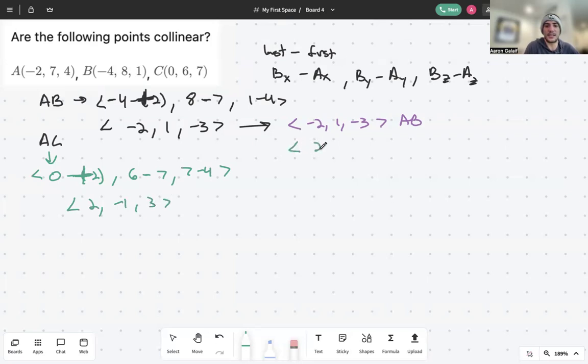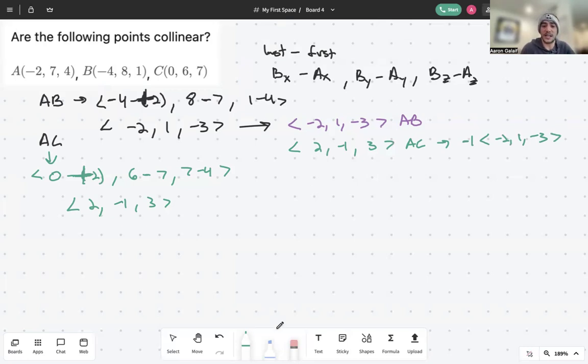Well, what we see here is that these are very similar, but not exact just yet. Well, what I can do is pull out a negative out of one of them. Let's pull out the negative out of AC. And what we get is -1 times -2, 1, -3. And that is basically telling us that it is parallel to AB with just a different scalar.